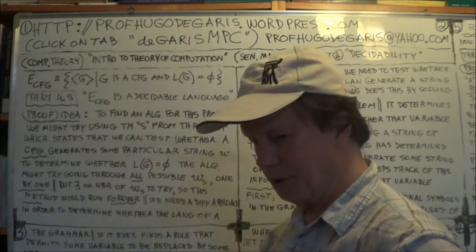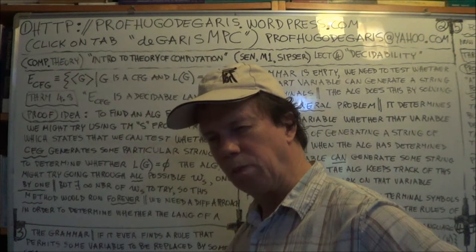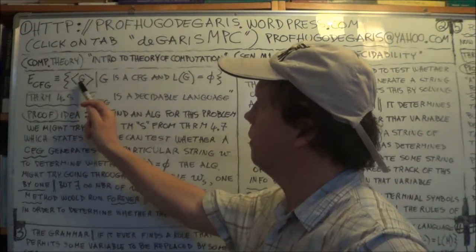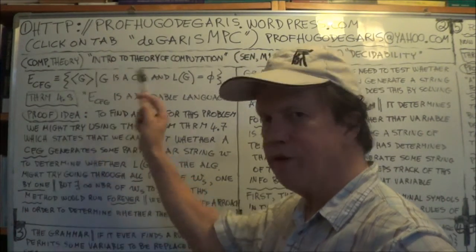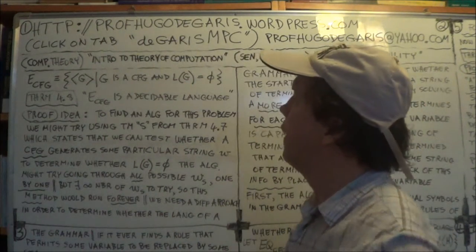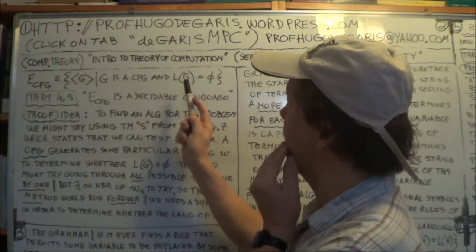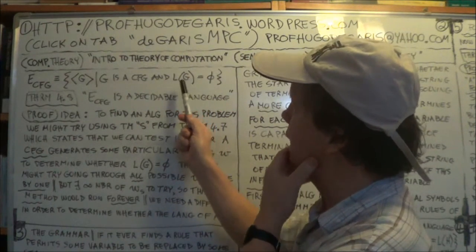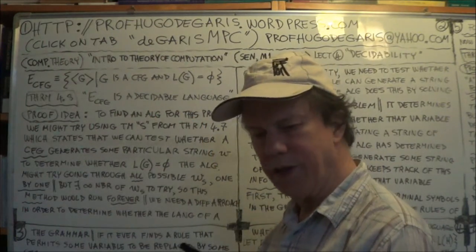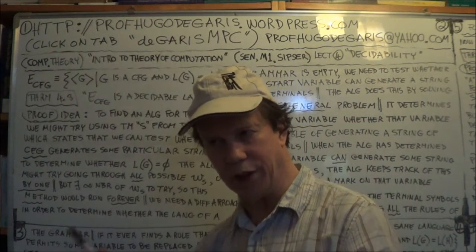The angle brackets mean you've encoded or represented the information of your grammar in string format, so that it can be input into a Turing machine. And finding an algorithm that can answer this question: is this grammar G a grammar whose language is empty? That's the computational question.